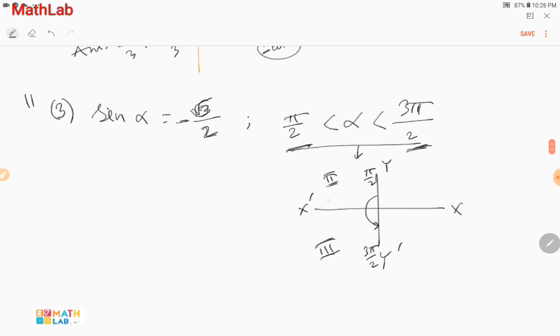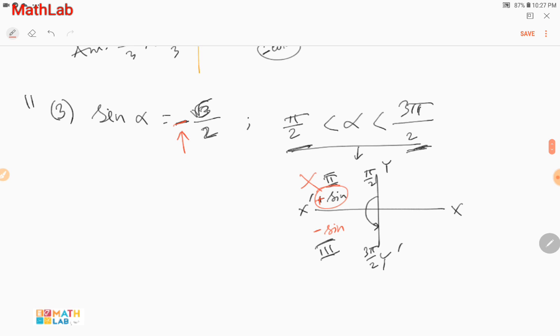In the second quadrant sine is positive, but here sine is negative, so we have to cancel quadrant 2.